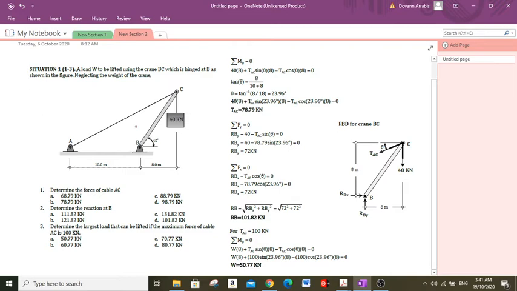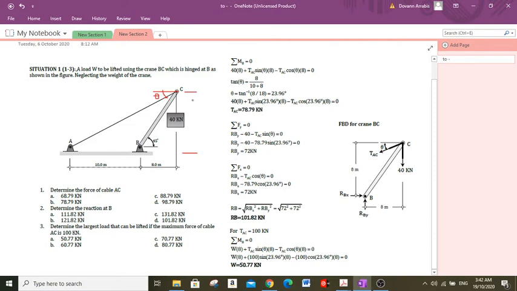by using geometry or trigonometric function, the tangent of this theta. By the way, tangent of theta, this height, this is theta.